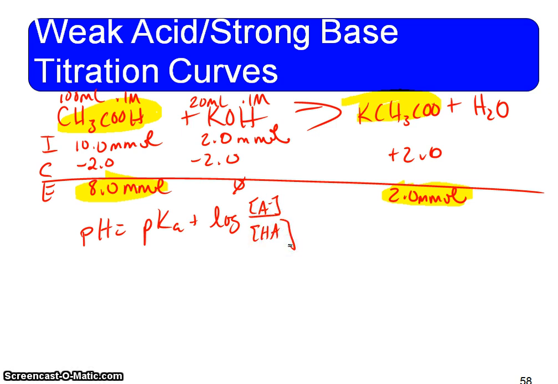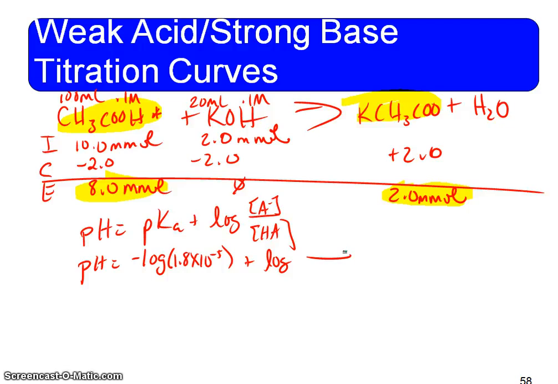So how do we find the pH of this? It's really pretty easy. Plug it in. pH equals pKa, so that's negative log of the Ka for acetic acid, 1.8 times 10 to the negative fifth, plus log of the A minus concentration over the HA concentration. Since we're doing a ratio, can we leave it in millimoles?